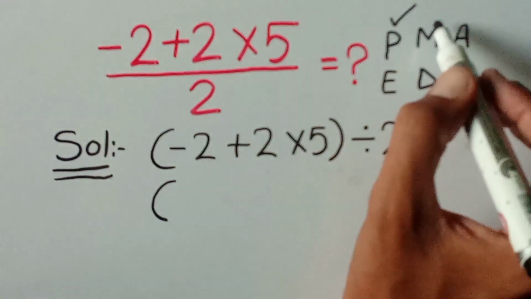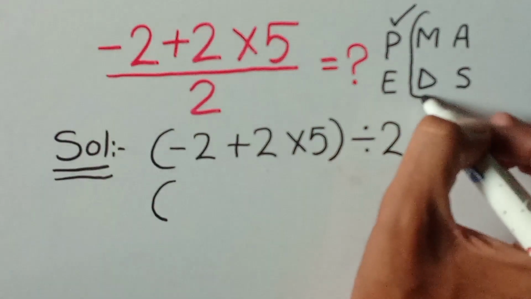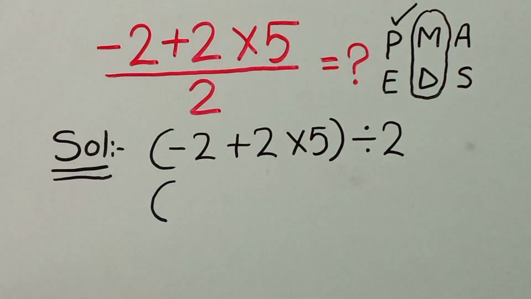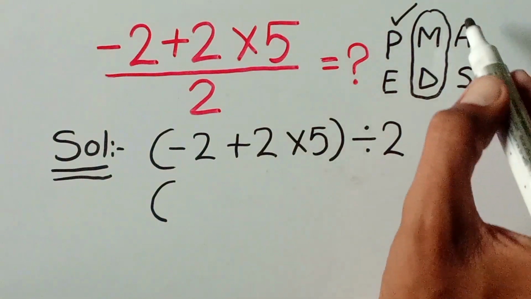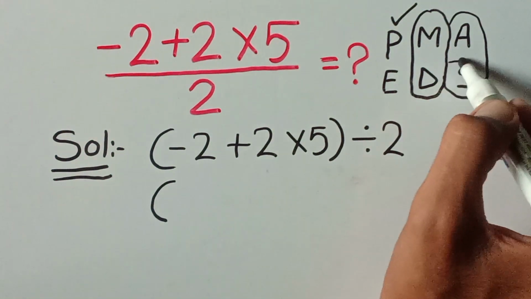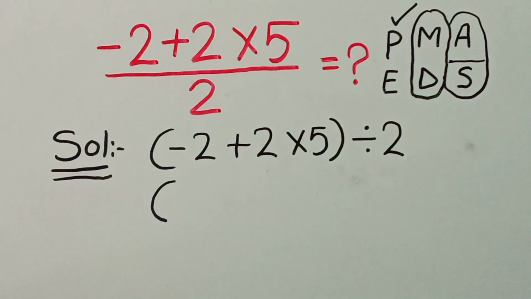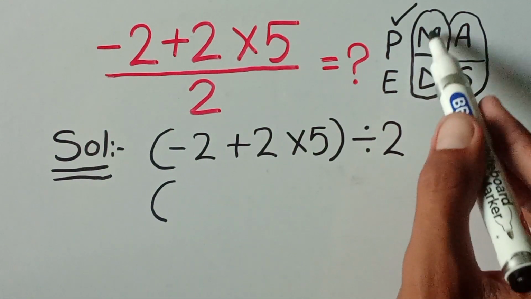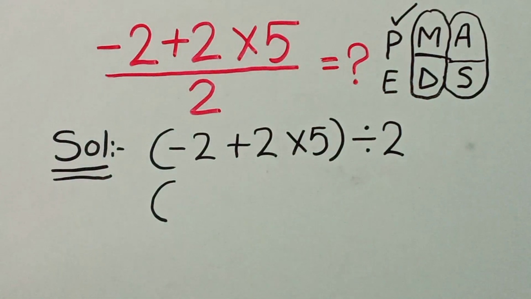Also remember that multiplication and division have equal priority and we have to go from left to right. Similarly, addition and subtraction have equal priority and we have to go from left to right. But also remember that multiplication and division have higher priority than addition and subtraction.